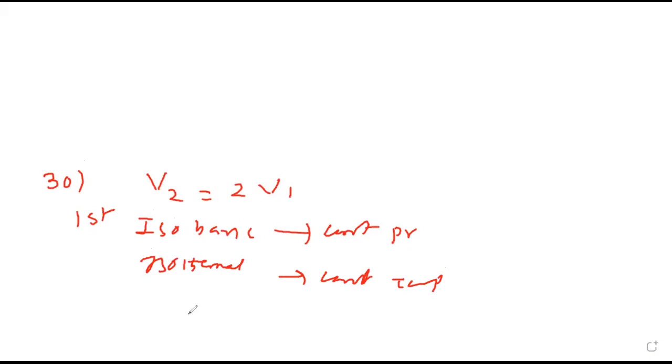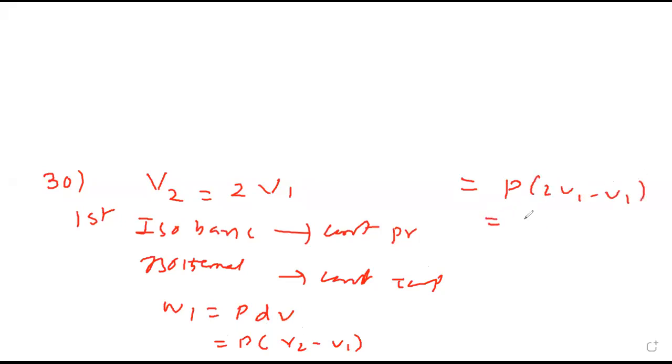If the work done is W1 and W2, what is the relation? W1 is the integral of PdV, that is P into (V2 minus V1), that is P into (2V1 minus V1), which you can write as P into V1. This is the first work done.